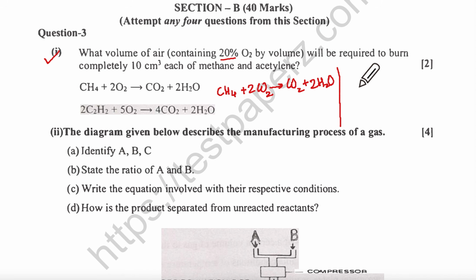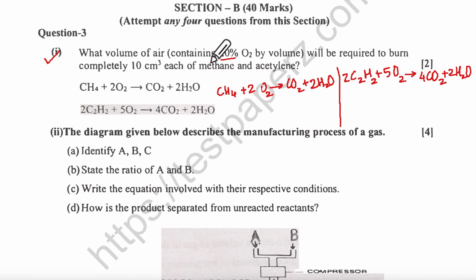Then 2C2H2 plus 5O2 gives 4CO2 plus 2H2O.